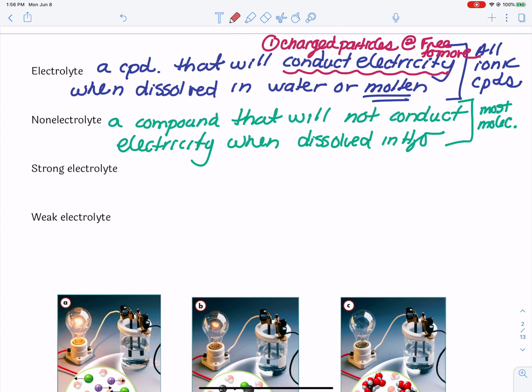So what is a strong electrolyte? If you are an electrolyte, you could be either strong or weak. What makes the difference between whether you're strong or weak? Well, both are going to conduct electricity. A strong electrolyte conducts electricity well. And why does it conduct electricity well? Because a large portion of its particles are ions.